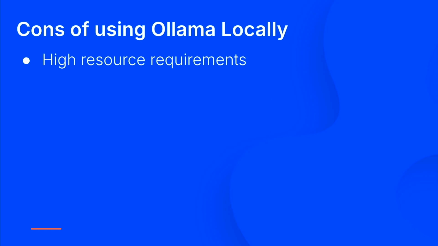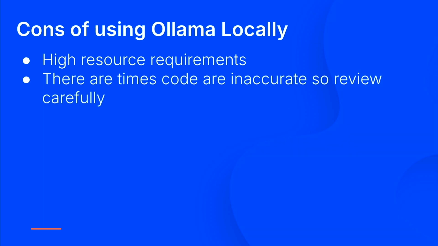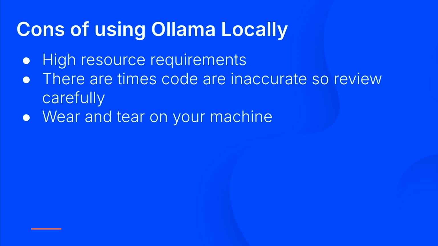That's it. And I also want to share the cons of using Ollama locally. It has very high resource requirements. And there are times that the code it provides is inaccurate, so make sure you review your code first before pushing it to production. It would really stress your machine. When I was using this one, that's the only time I heard the fan on my machine.